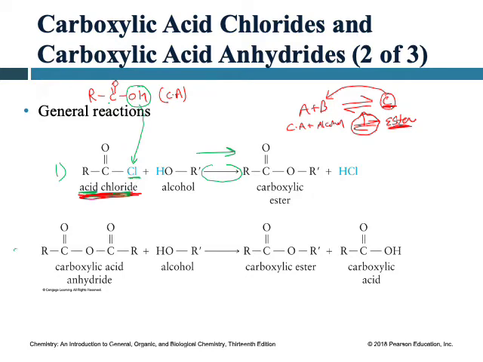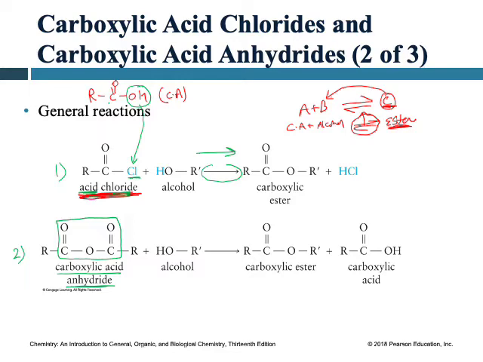The second compound that we're going to use is carboxylic acid anhydride. This is the structure of the anhydride group: C double bond O, C double bond O, right?